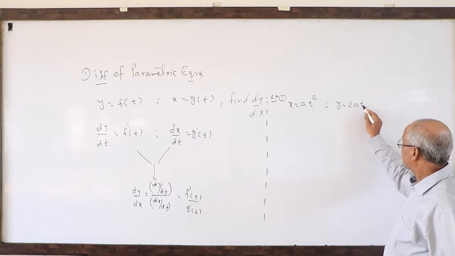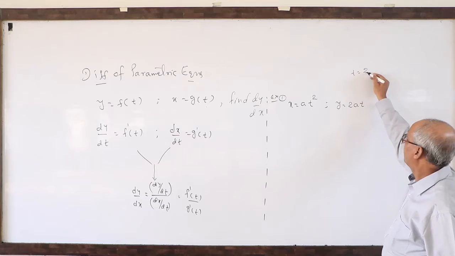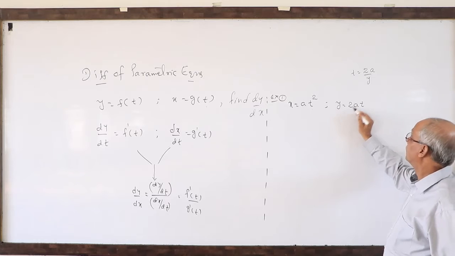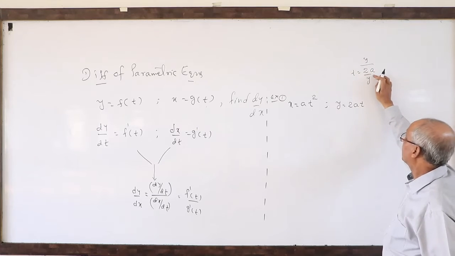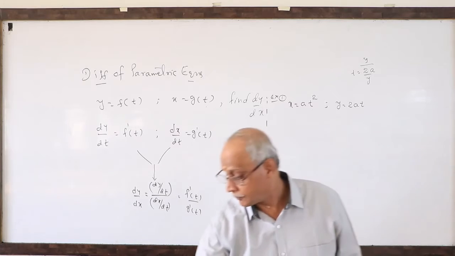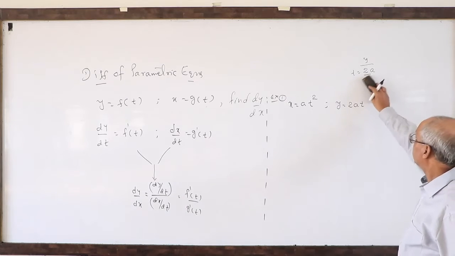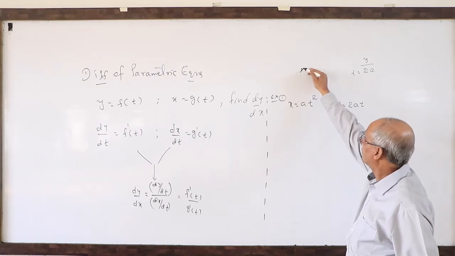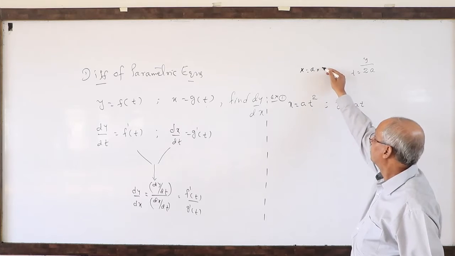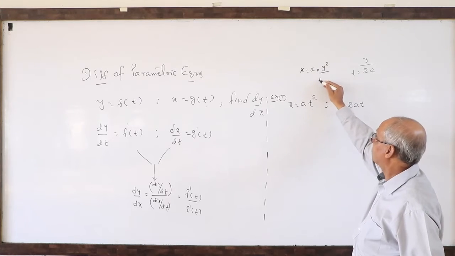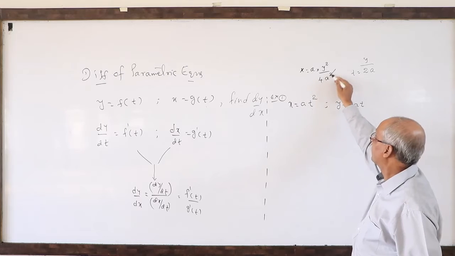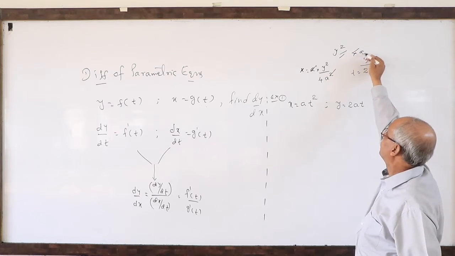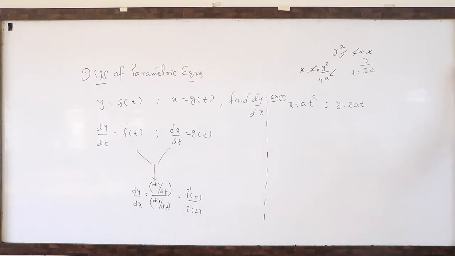How can you eliminate it? The t value is y by 2a. Substitute this y by 2a here. x is equal to a into t square, so y square by 4a square, one a cancels, cross multiply, y square is equal to 4a x.